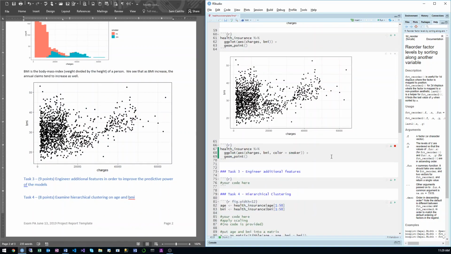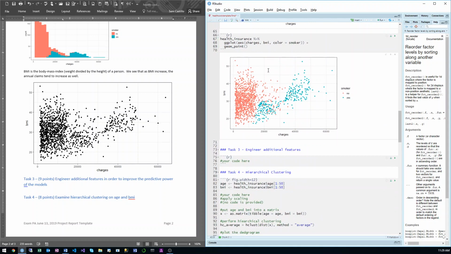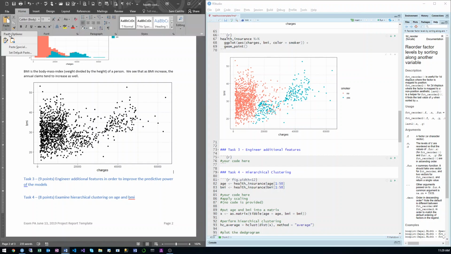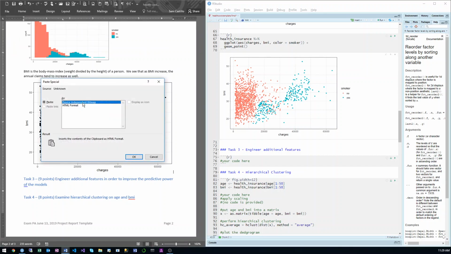And if you add a split by smoker status, you can also see that smokers have a very different pattern than non-smokers.